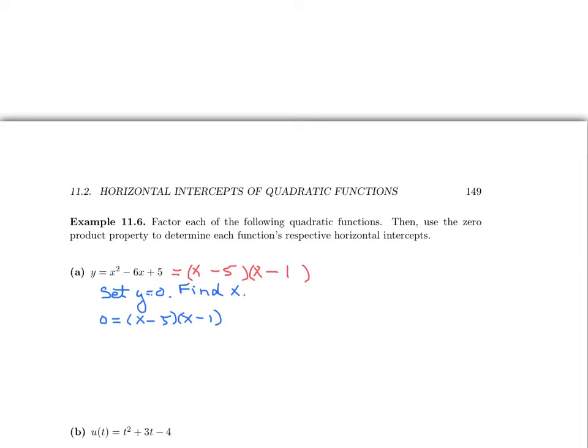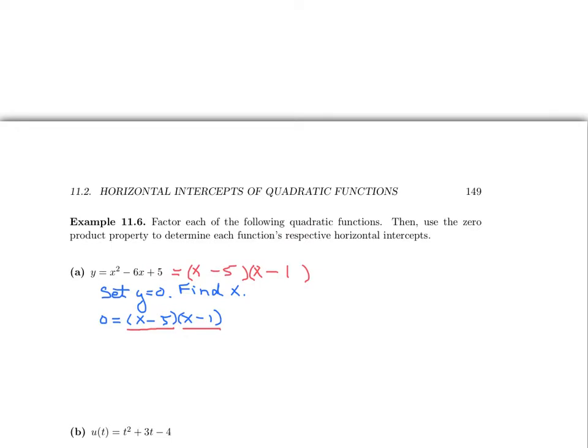So let's look at what we have here. We have a product. This times this is equal to 0. So if we think about the zero product property, we have a product of two things equaling 0. The zero product property tells us that one of these must be 0. That's the only way the product could be 0.